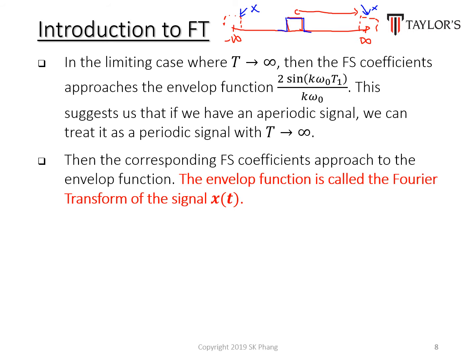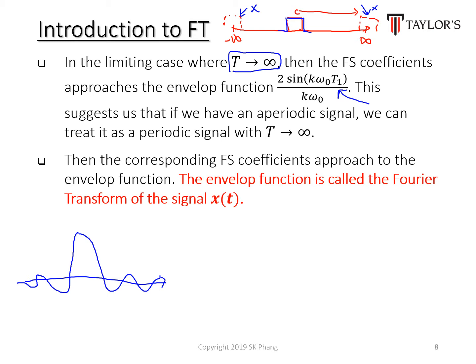No more periodics. So if we apply the same concept when T is getting larger and larger, we actually arrive at these equations, where just now you have seen the plot. It is exactly this plot, which is the envelope of the Fourier series when T gets larger and larger. So now we have this new concept called Fourier transform.